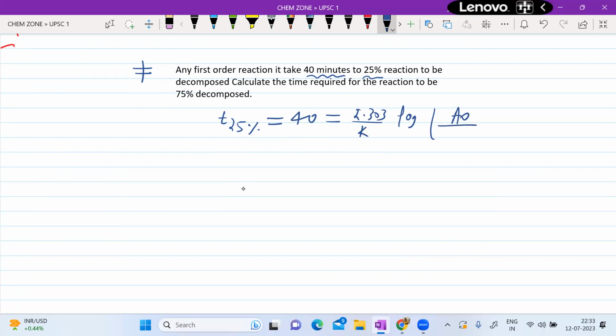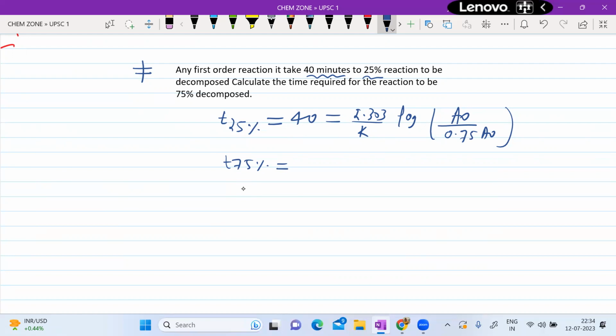So if we assume the concentration as A naught, after 40 minutes, it will remain 0.75 of A naught as 25% gets completed. Then 75% will remain. Now the time required for 75% completion is asked in this question.